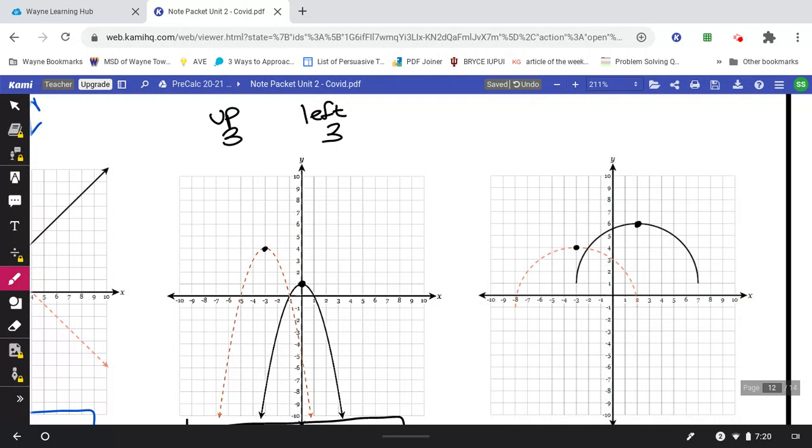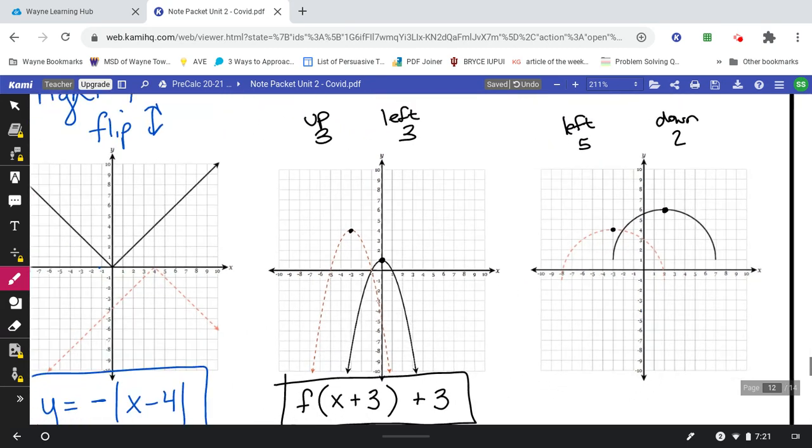So you're just trying to figure out how far you went from the black graph over to the red dashed graph. Looks like to me it's left 5 and down 2.